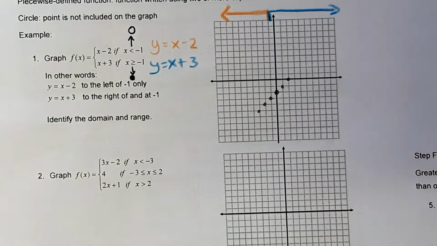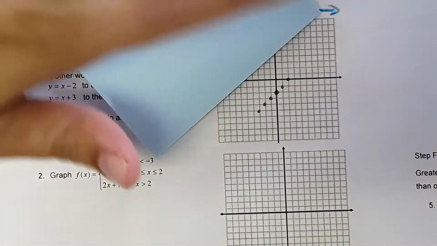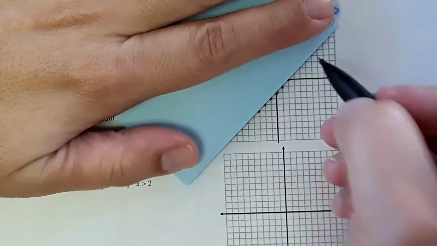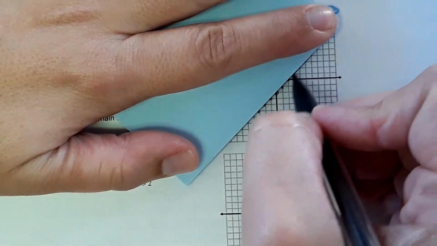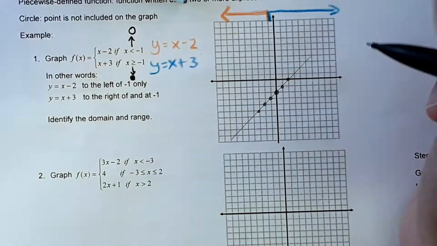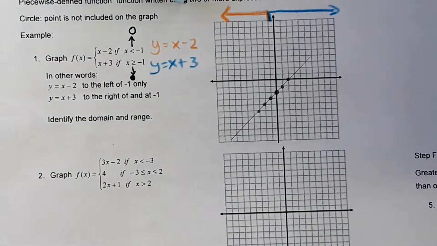And then, using your straight edge, you might want to use your ID. I'm going to graph this line ever so lightly because part of it's going to get erased. So graphing that line very lightly. Now what?